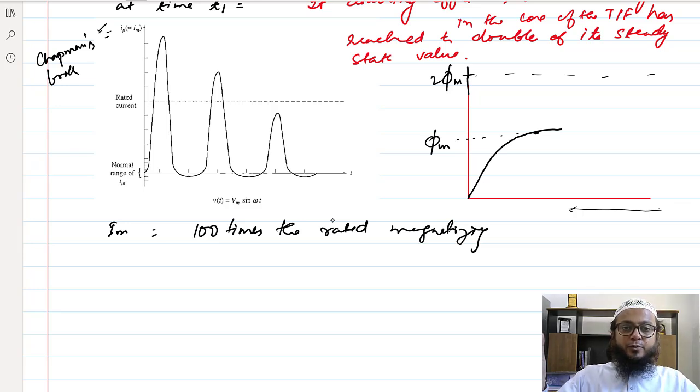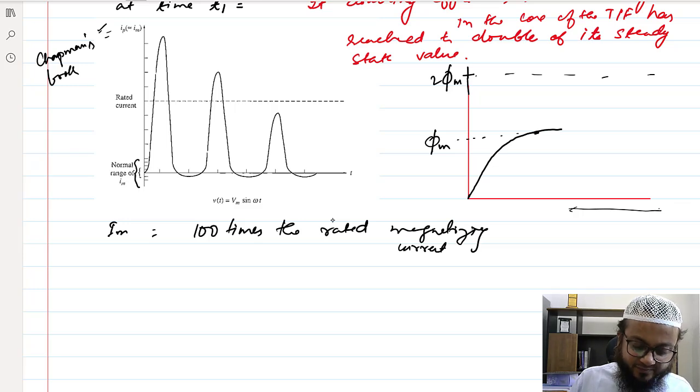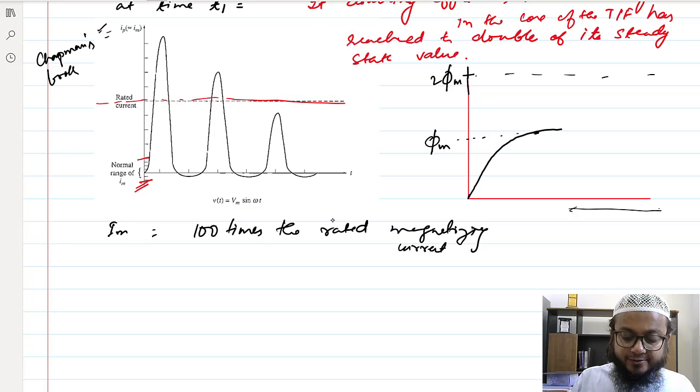So 100 times the rated magnetizing current. You see the normal range is this much, right here. Up to this range is the normal range for the magnetizing current, and this is the rated current.